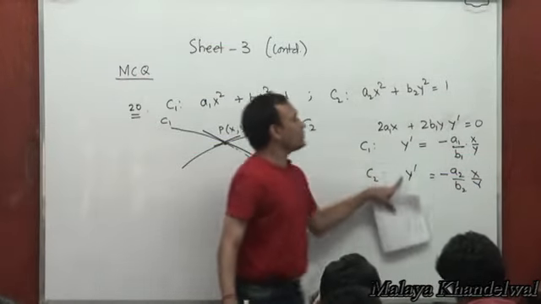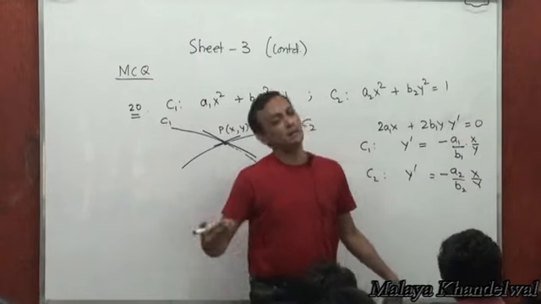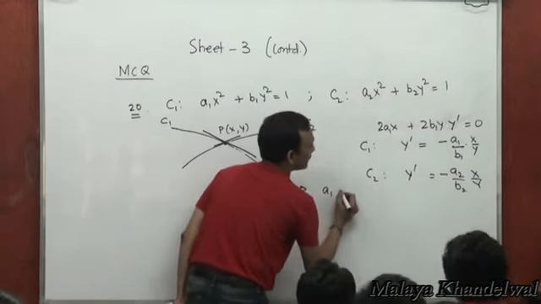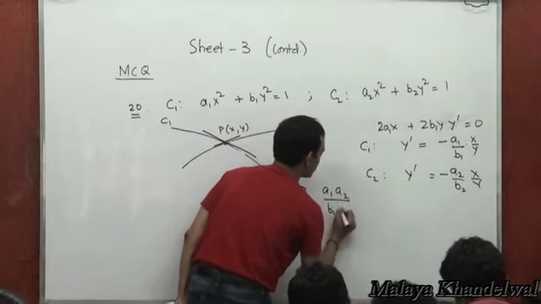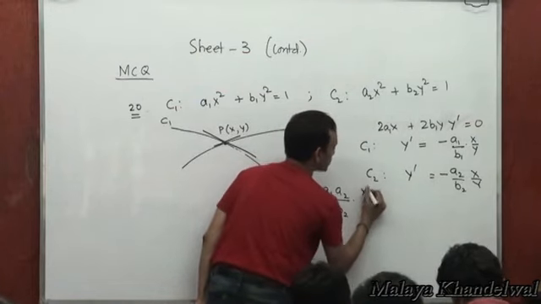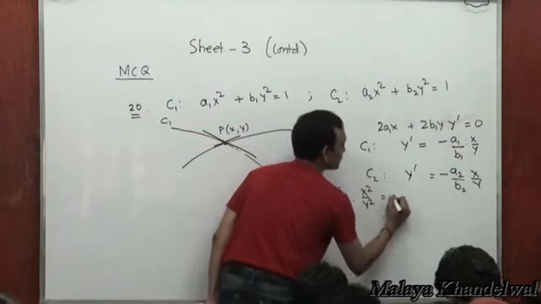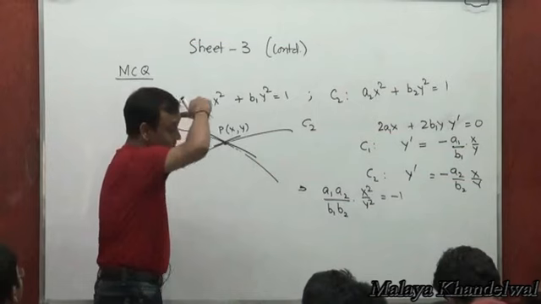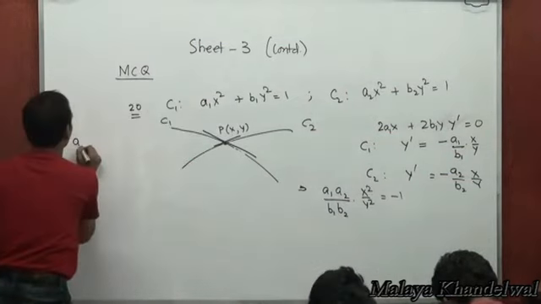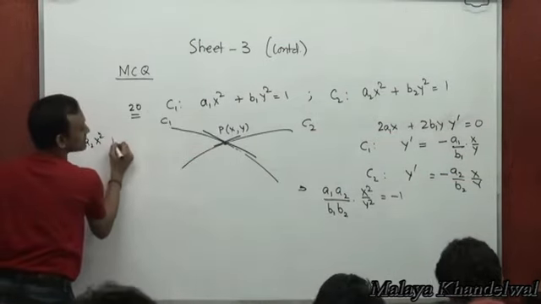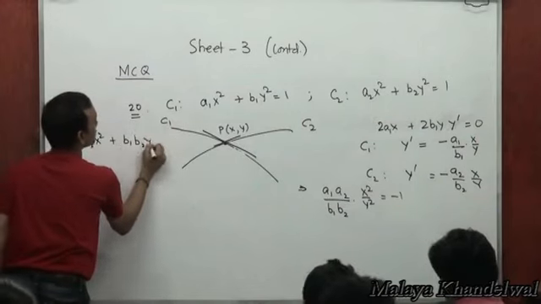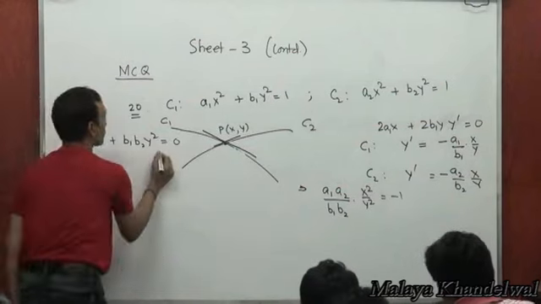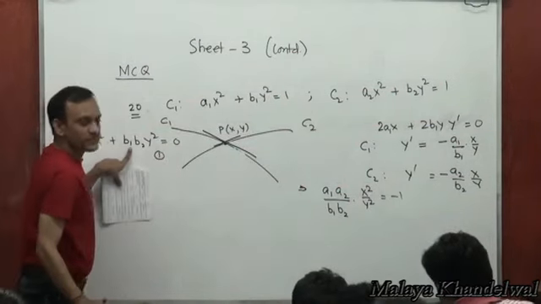And the product of these two slopes, dy/dx, must be -1, leading to a1 a2 by b1 b2 into x squared by y squared equal to -1. Right? Or a1 a2 x squared plus b1 b2 y squared equal to 0. That's one. Okay, now (x, y) satisfies this equation.